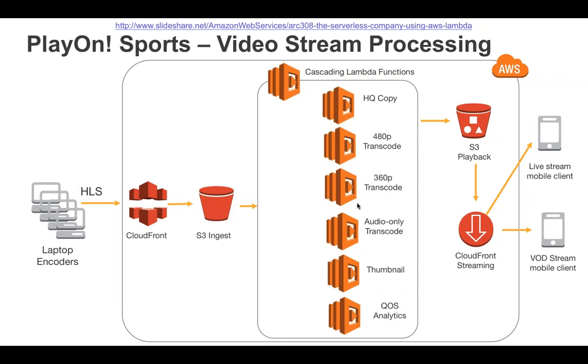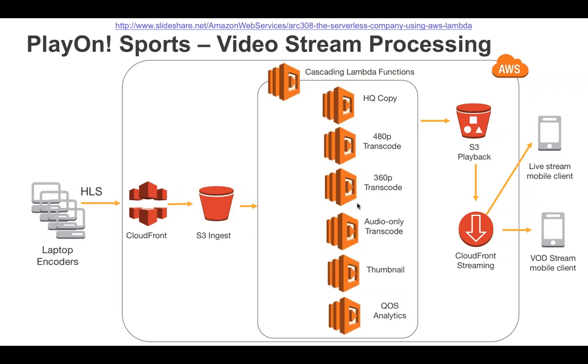So in this example, we see sports being streamed in, and it comes in via CloudFront and gets stored into S3, our object storage service. But it will come in potentially in a very rich, high-resolution format. And that may not be optimal for streaming to the end customer devices, such as mobiles or tablets.